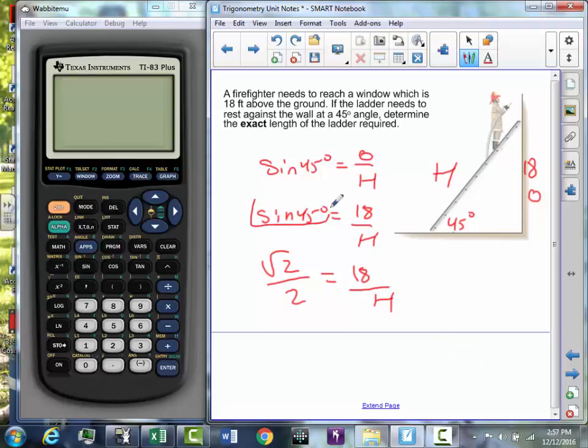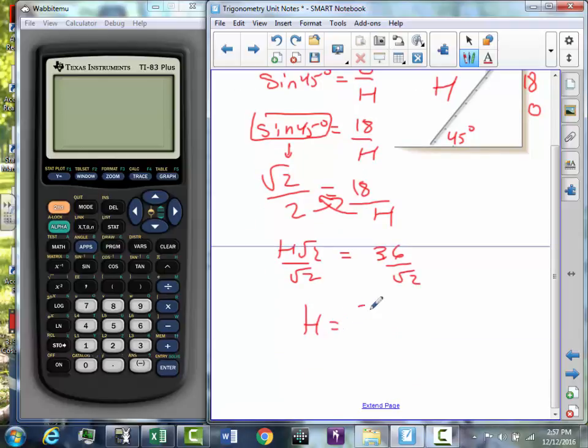I've replaced the sine of 45 with its equivalency. Now I'll solve for h. To get h by itself, I'm going to need to times the 2 up, the h up, so you'll have h root 2 equals 36. I'll divide by root 2. There. My hypotenuse is 36 over root 2. That is my exact value.